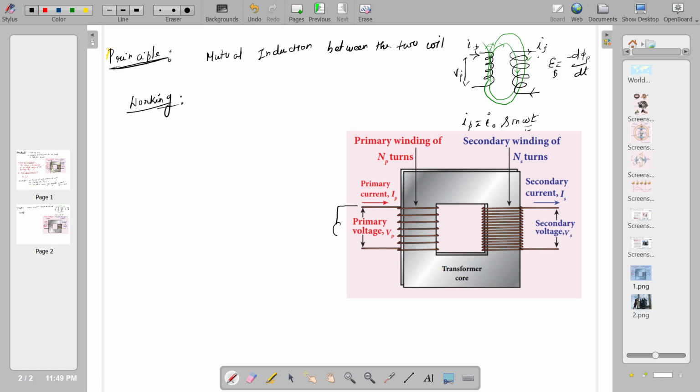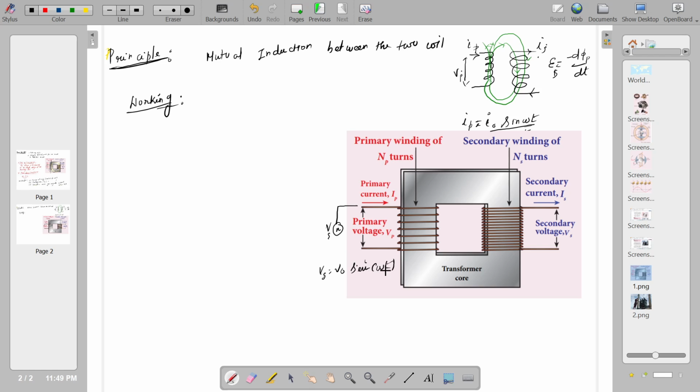Suppose you are connecting this alternating voltage source, that means the voltage is changing with respect to time. You can represent it as a function of sine omega t or cos omega t. Here I equals I0 sin omega t, or cos or sine, whatever it is.